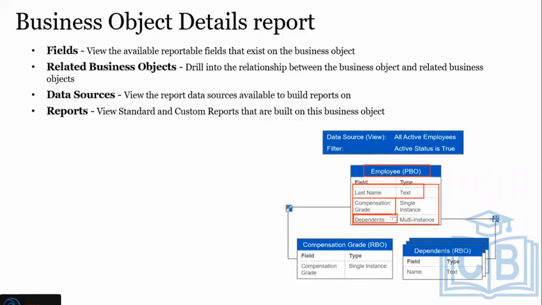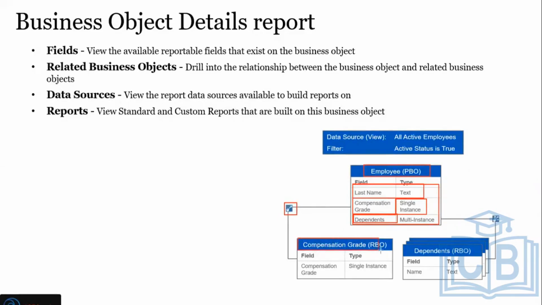While each worker is linked to only one compensation grade, any worker can only have one grade. It identifies a single relationship or one-to-one relationship. Any employee or any worker can only have one. And this is the icon which identifies that one-to-one relationship.